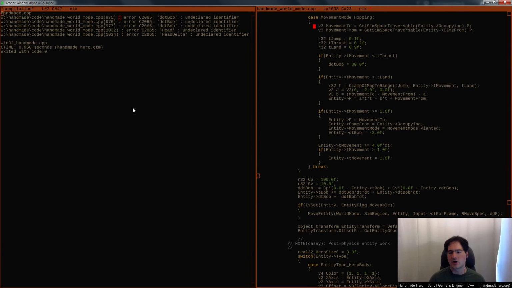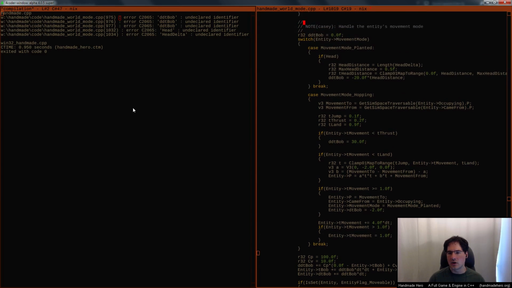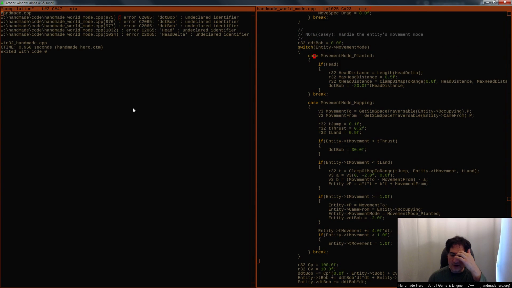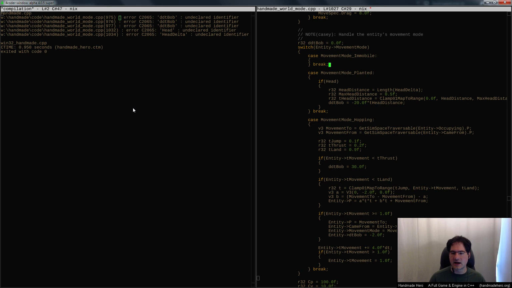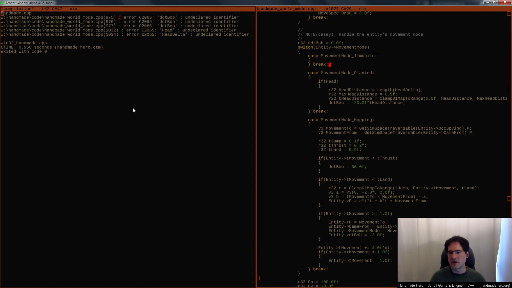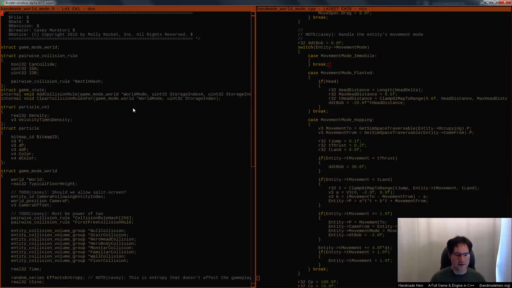Well, maybe we're going to call that a slightly different thing that has to only do with movement. But even so, what we could do here is notice that we can have a DT bob which is like movement mode inert or immobile or something like this. And that could just not set anything, right? That could do nothing at all, if that makes sense.